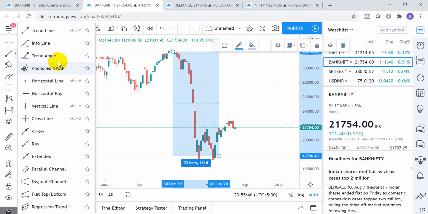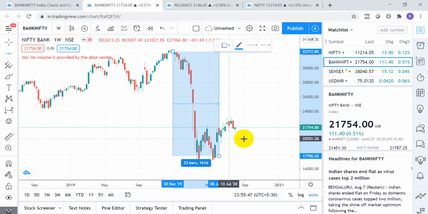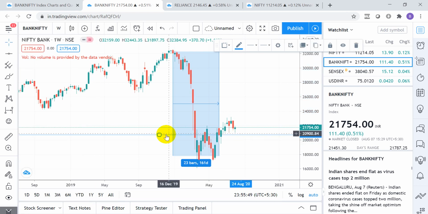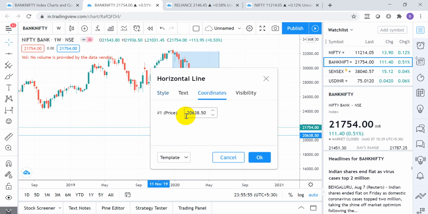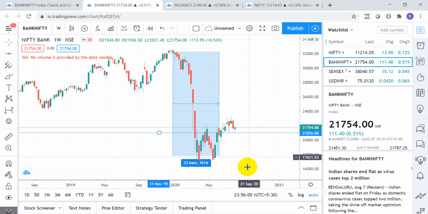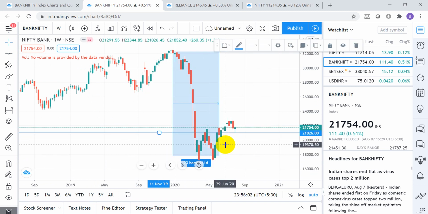I'll go to a horizontal line and put a value of 21,026, and the high is 22,345.